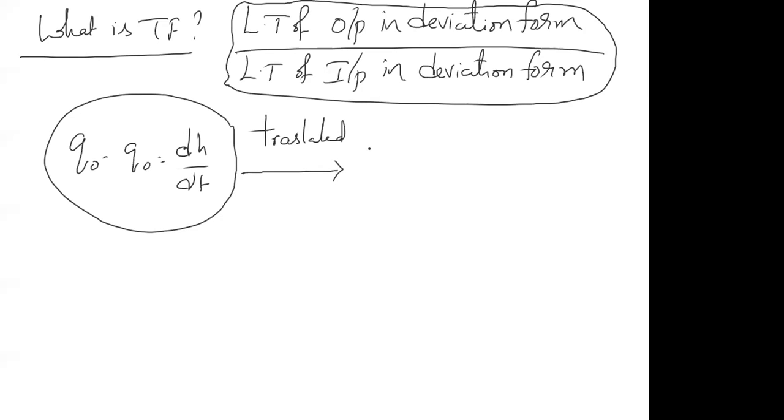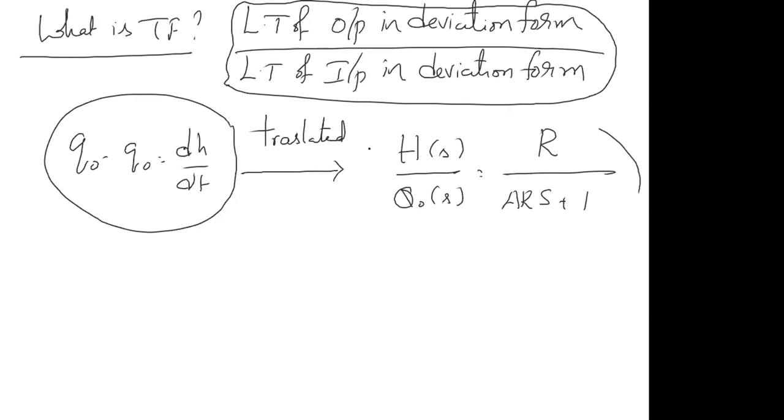This dynamic model is translated to H of S by Q naught of S equal to R by A R S plus 1. In PDC, all your dynamic models will be translated to transfer functions. A transfer function is another form of dynamic model.